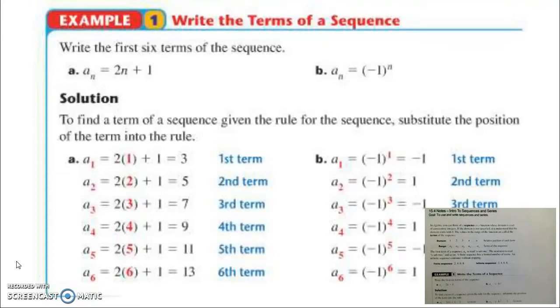If I have an odd number of factors that are negative, my product is going to be negative. And if I'm multiplying negative 1 times itself, those values are going to toggle between negative 1 and positive 1. So in this case, my sequence would go negative 1, positive 1, negative 1, positive 1, and so forth.